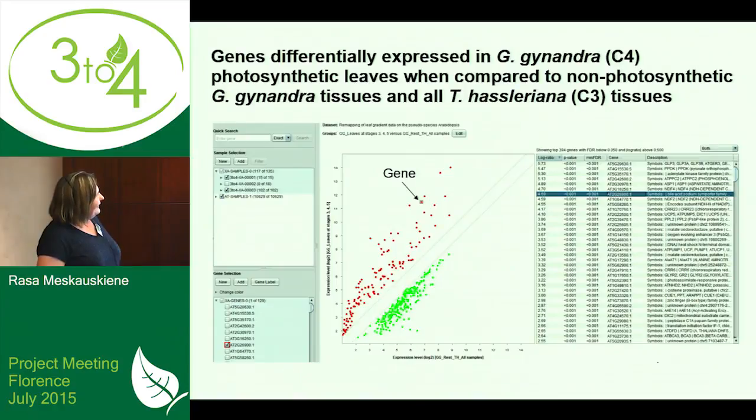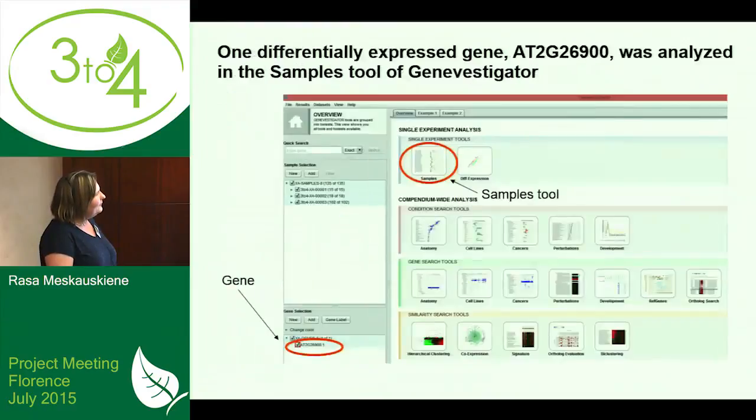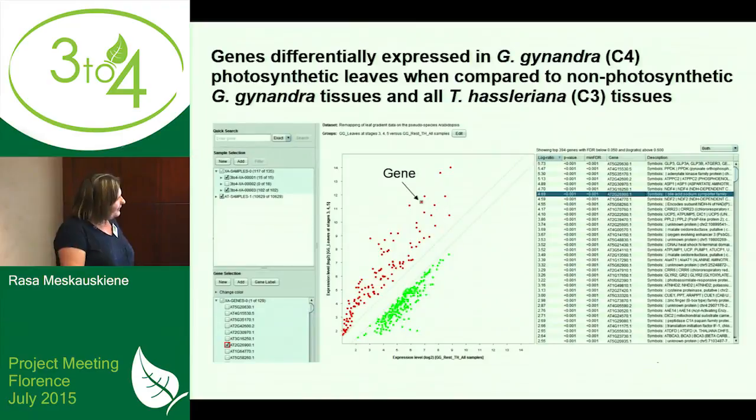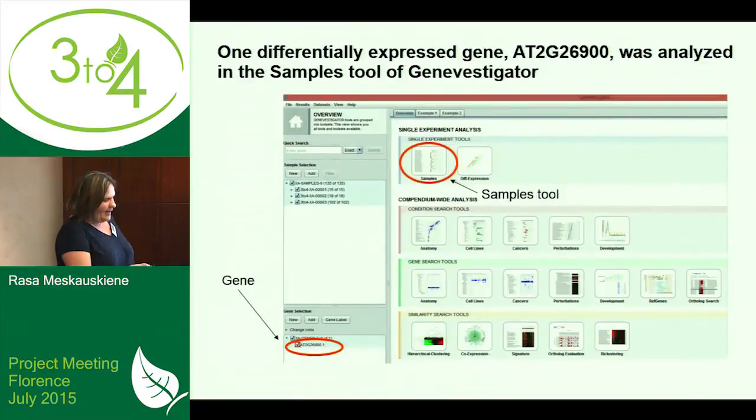And then I thought, okay, then I take just one gene and look at it in a different tool, where you can now look at each sample and look what happens with the gene in each sample. So that's the gene.